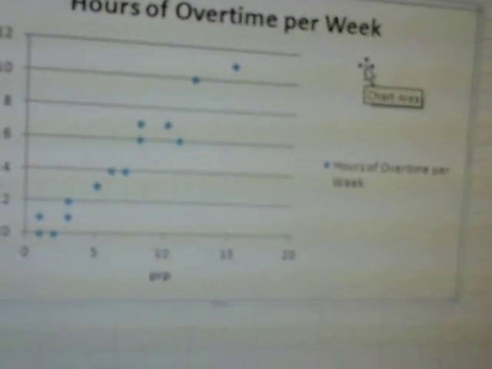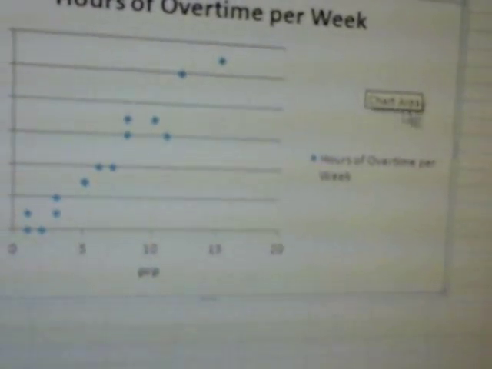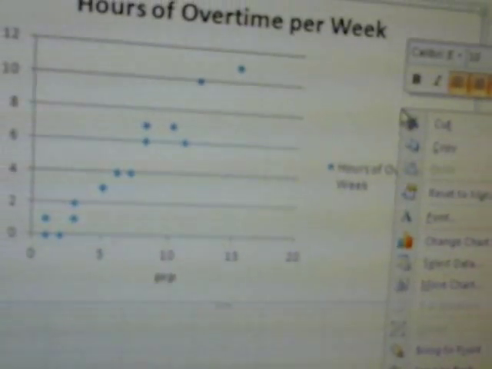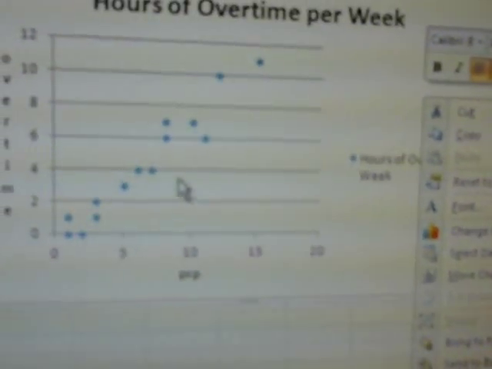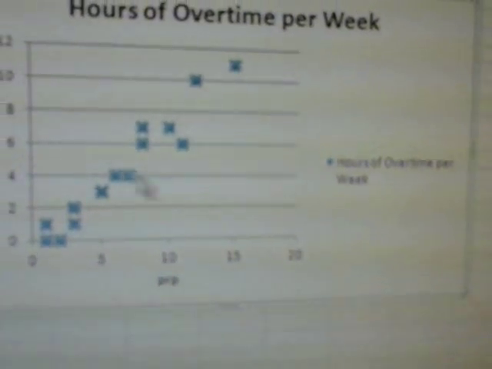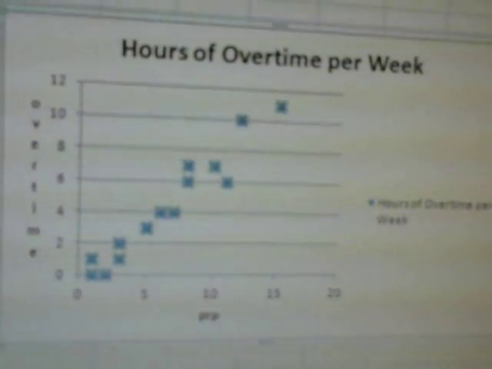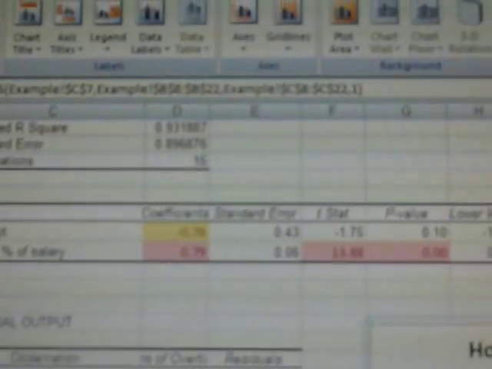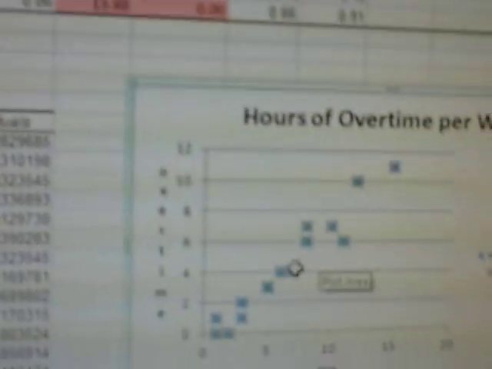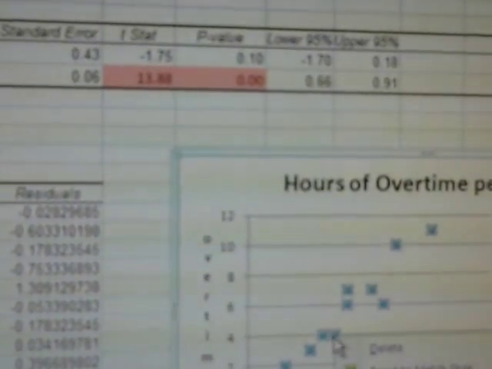All right, now let's say you want to add your regression line, right? Okay, you would click on any one of these dots. Where is it? You right click and you go add trend line.